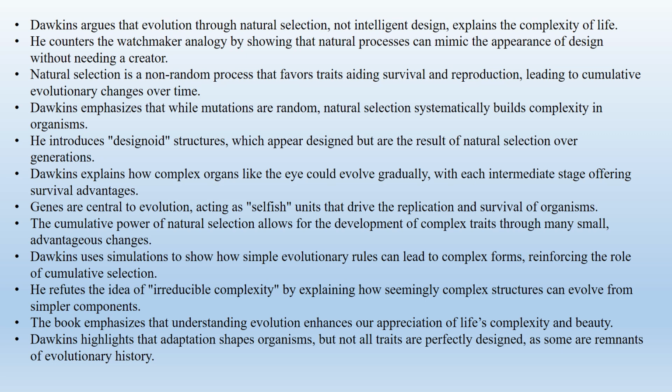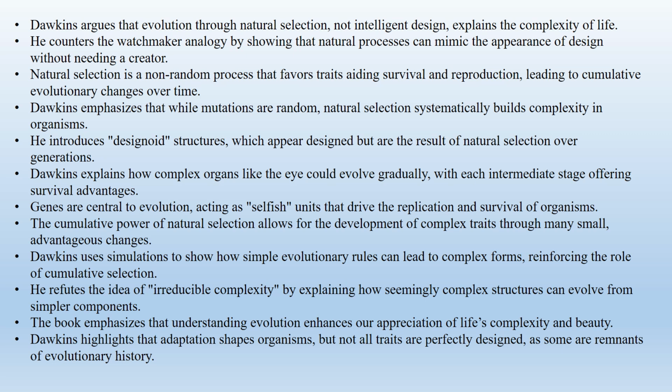Each intermediate stage, while less perfect than a fully formed eye, would still have provided a survival advantage to the organism possessing it. This cumulative process, driven by natural selection, explains how something as intricate as the eye could evolve without the need for an intelligent designer.